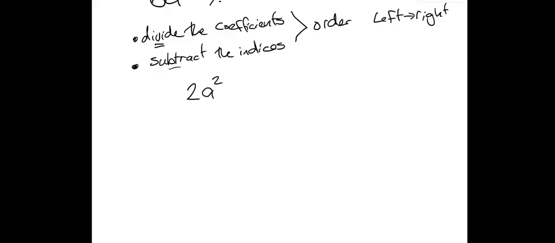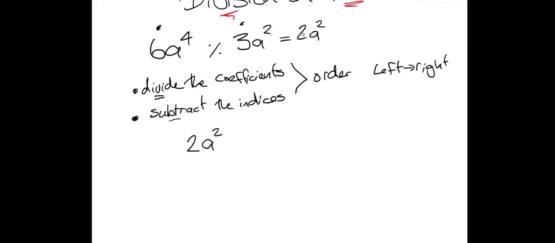How could we rewrite this problem so that we can use cancelling? Well, if we remember that something divided by something else, we can rewrite that in those terms.